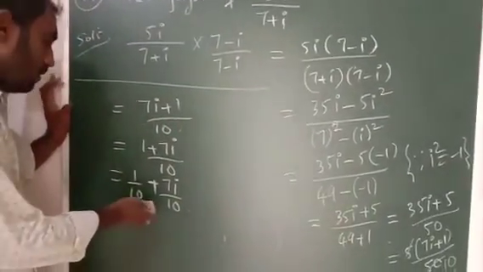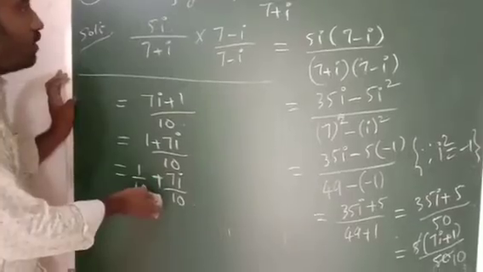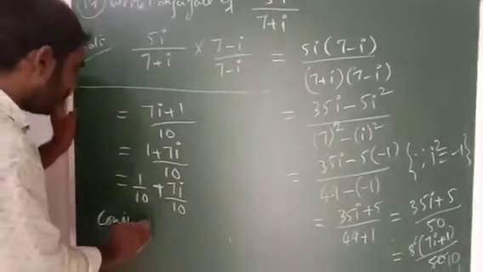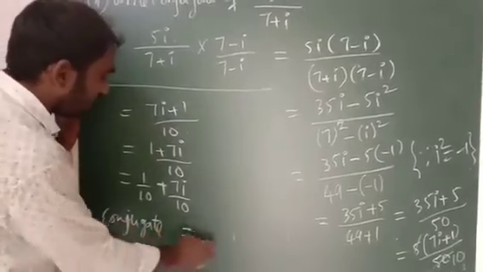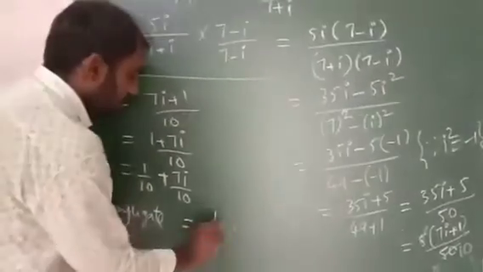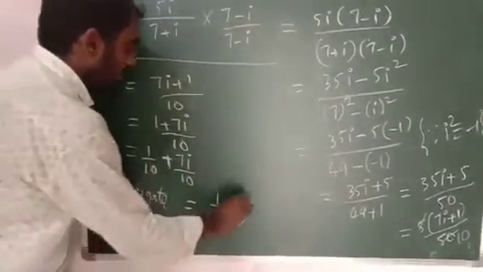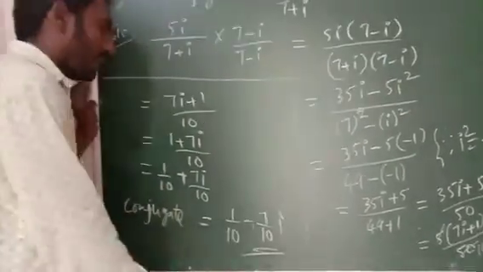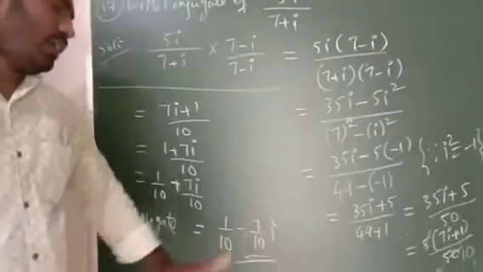Now the conjugate of the given complex number is 1 by 10 minus 7 by 10 into i.